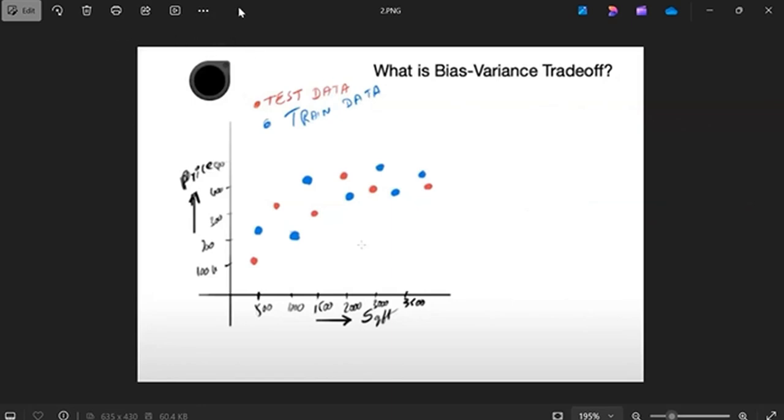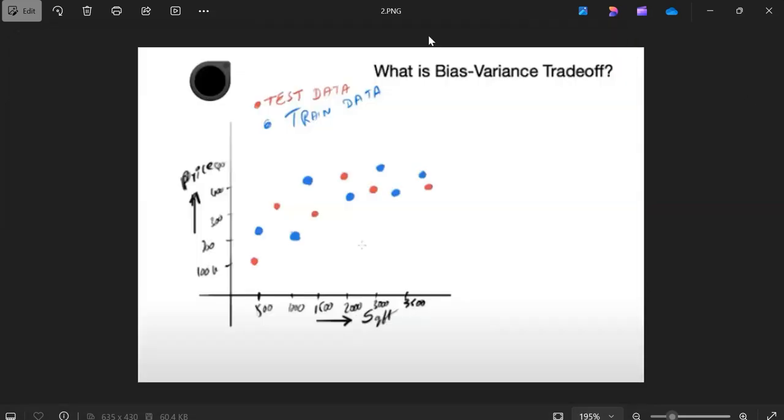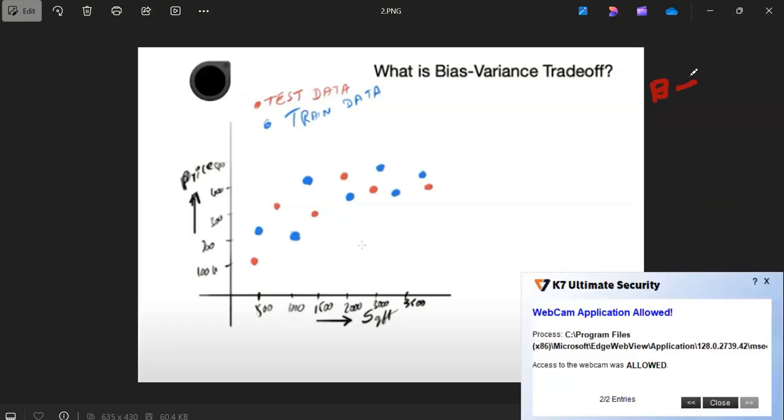The first thing, we build the model with training or testing, guys? Training, right? Just one second. Let's open it. So when we split the data, we have a training part and a test part. Remember, bias refers to training. Variance refers to testing.